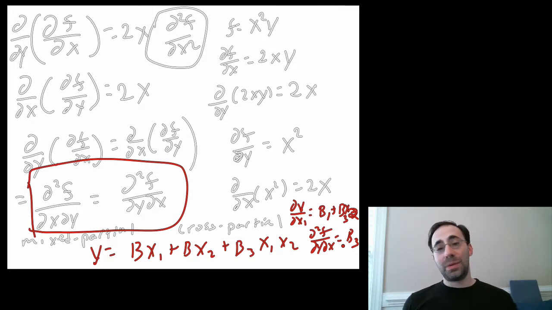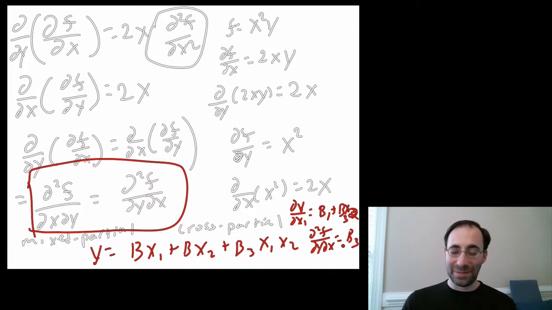A complement is when beta 3 would be positive. A substitute is when the cross partial, in this case beta 3, is negative. And that means increasing x makes increasing y less effective.